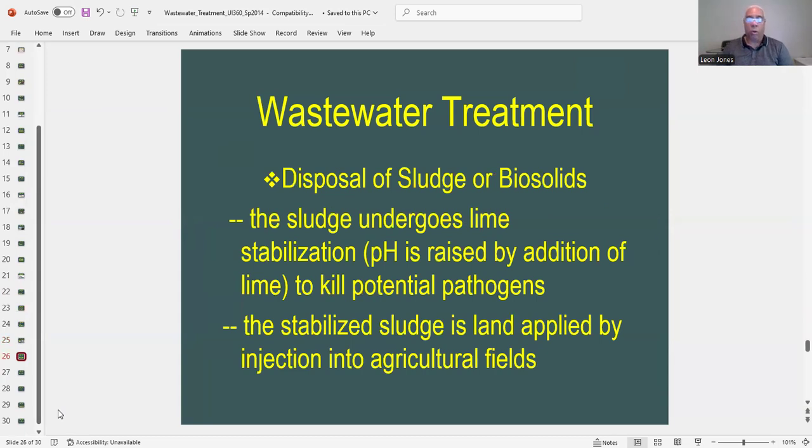Also, when we deal with water treatment, we have the disposal of sludge and biosolids. So basically, the sludge undergoes lime stabilization. Why? Well, pH is raised by the addition of lime, and that's to kill potential pathogens. So basically, the stabilized sludge is land applied by injection into agricultural fields.